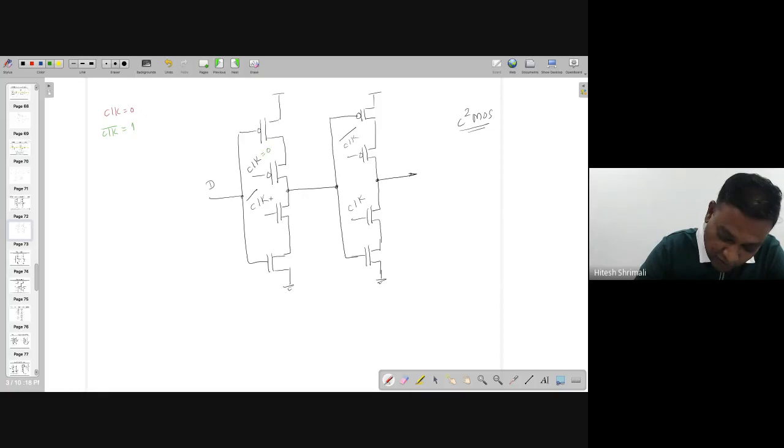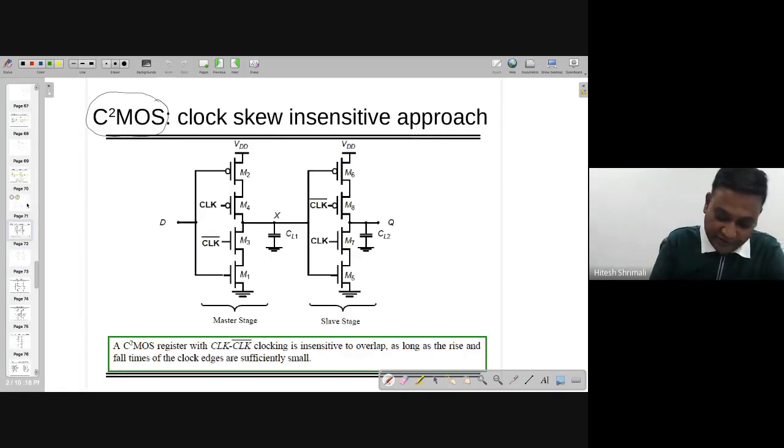I know that whenever there is clock bar equal to 1 and clock equal to 0, let's draw it here because that's better.